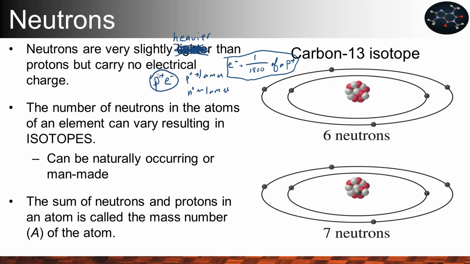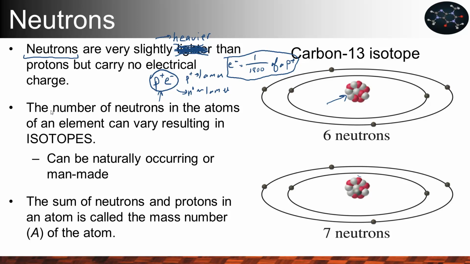But in any case, back to the story about neutrons. Neutrons, very slightly heavier than protons, but they have no net charge. In fact, if you add up the weight of a proton plus an electron, you get something really close to that of a neutron. I've always kind of thought of neutrons as just the proton and the electron bound together in the nucleus. And there's more evidence that that's how we can think about it when we talk about nuclear chemistry, or reactions that occur inside the nucleus of the atom.